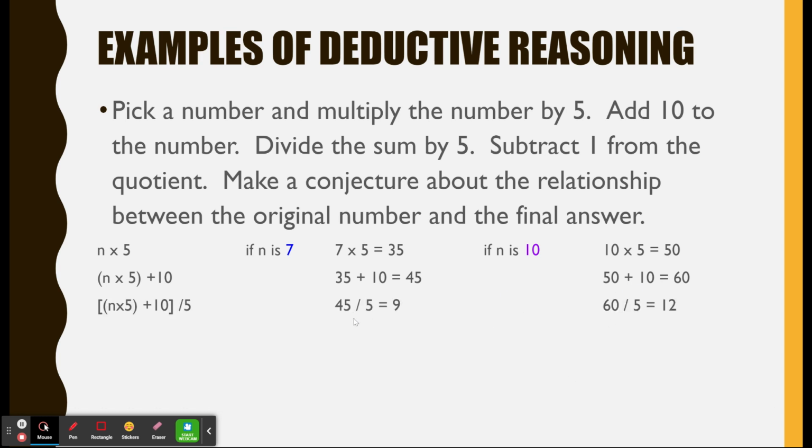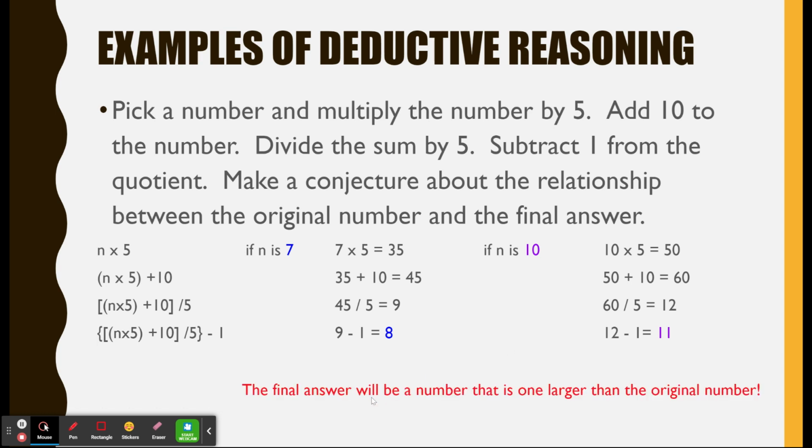Then we divide that number by 5. 45 divided by 5 is 9. 60 divided by 5 is 12. Lastly, we subtract 1. 9 minus 1 is 8. And over here, 12 minus 1 is 11. So what can we conjecture about the relationship? Well, the final answer will be a number that is 1 larger than the original number.